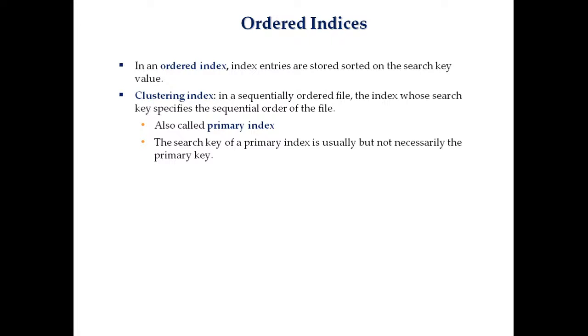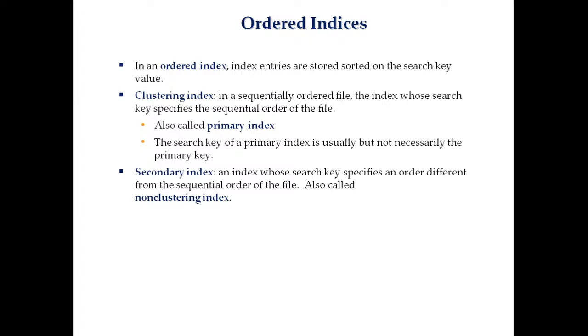Sometimes the clustering indexes can be considered as the primary indexes, meaning each of the indexes is connected with the previous index and with the next index, like the sequential file organization. The search key of the primary index is usually, but not necessarily, the primary key. Sometimes the search key of the primary index is considered as the primary key, but it is not necessarily so every time. Next is the secondary indexes concept.